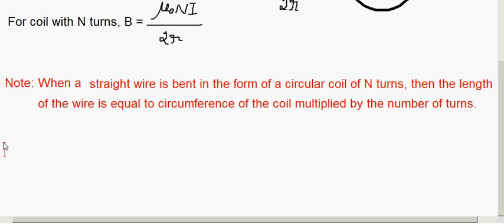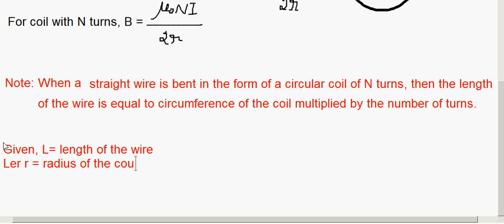Given L is the length of the wire. Now let r be the radius of the coil. Therefore, the length of the wire is N into the circumference of the coil according to this note.